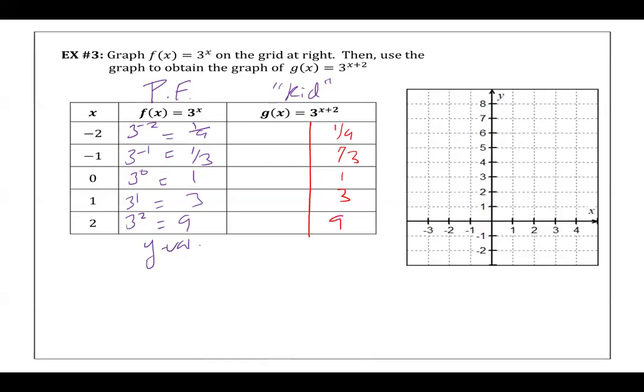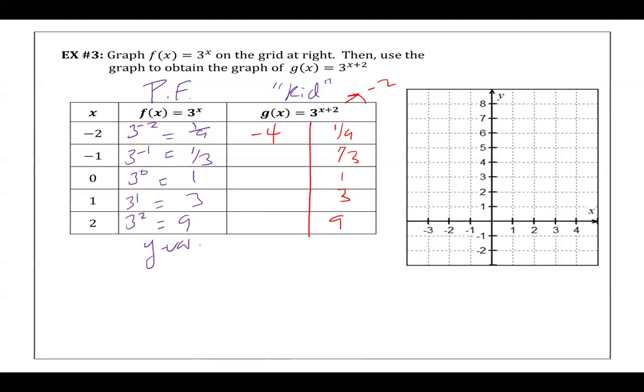But my x's are changing, right? So to each x, I'm doing what? That plus 2 tells us we're going which way? To the left. So it's going to have to be a subtraction. X's are liars. So to each one of our x's, we are subtracting 2. Does that make sense? So negative 2 minus 2 puts us at negative 4.